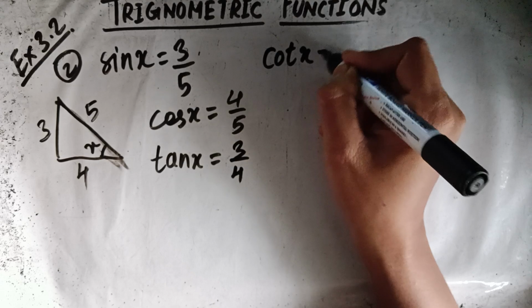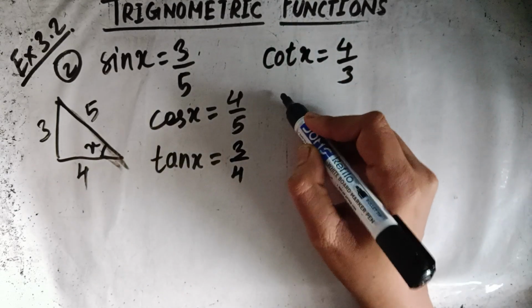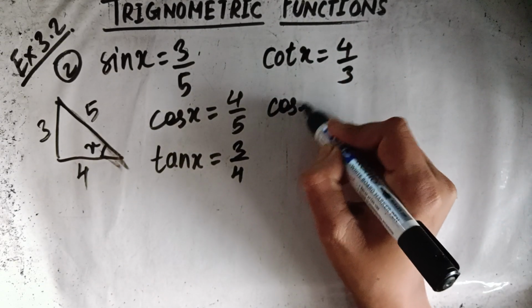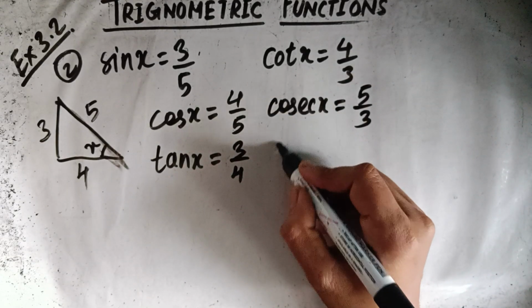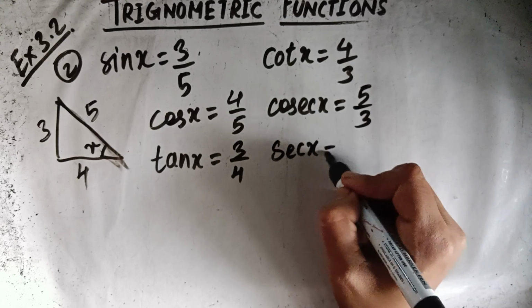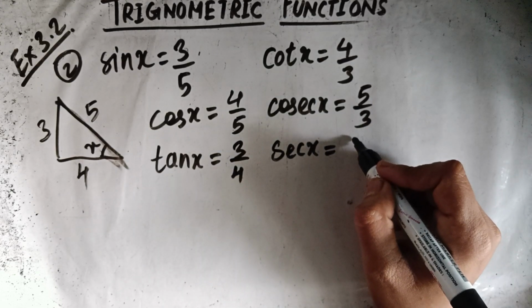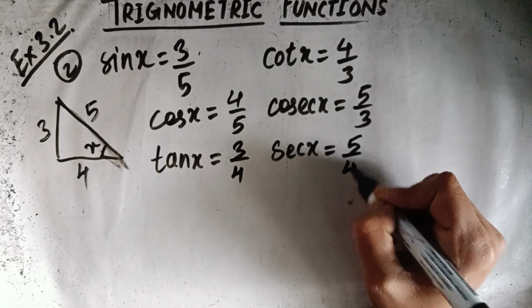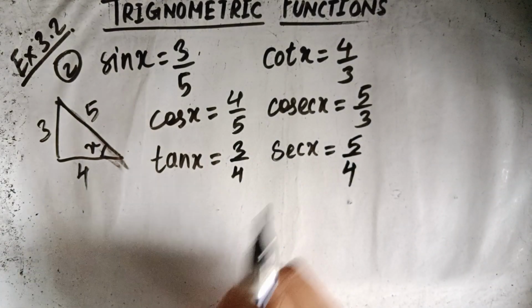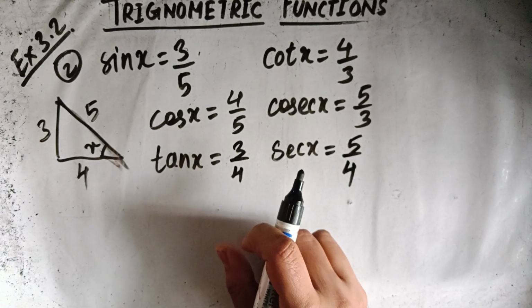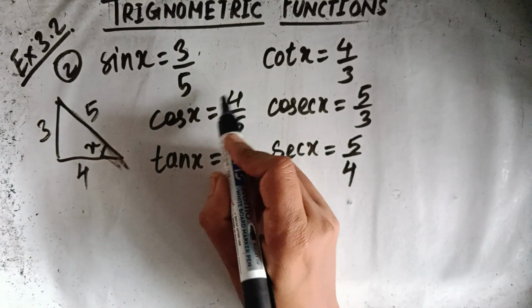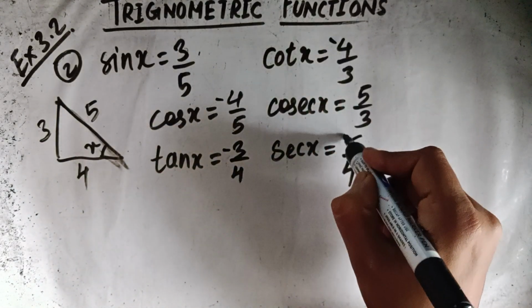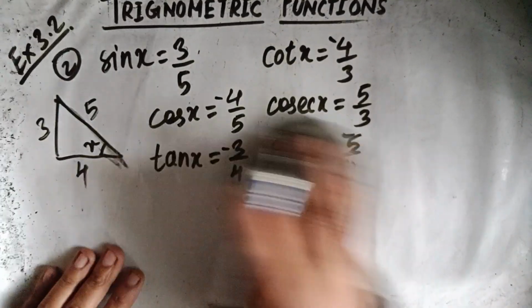Cot of x is 4 by 3. Cosec of x is 5 by 3. Sec of x is 5 by 4. Okay. So x lies in the second quadrant. Second quadrant means sin and cosec are positive, rest all are negative. Okay.